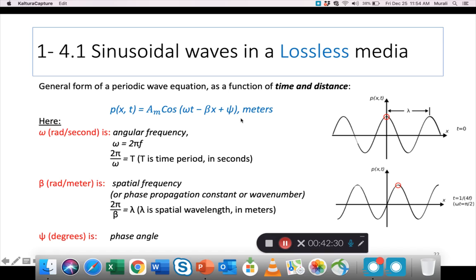Now we talk about two different independent factors, not just t, but x and t. And then the dependent variable is, of course, y. So the general form is now Am, the amplitude, cos of omega t minus beta x, where beta x is a factor related to length.